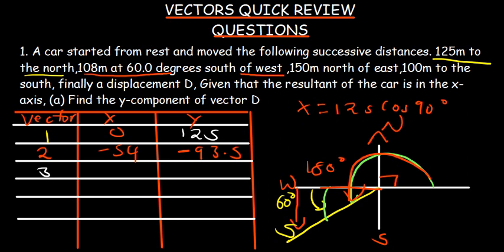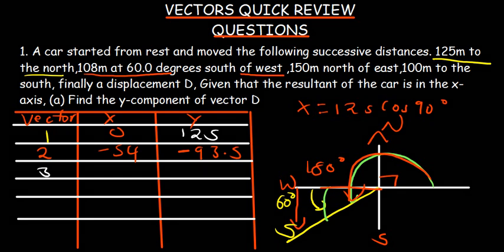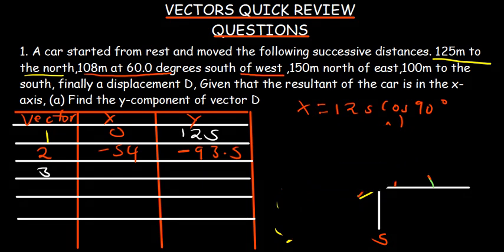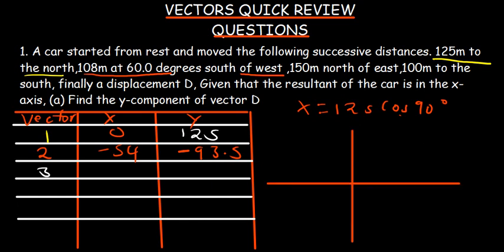Then going to the third one, what is our third vector there? It says 150 meters north of east. So this is your north, that is your east.